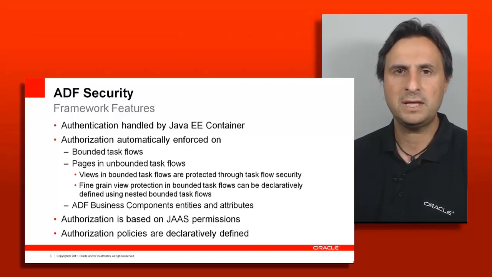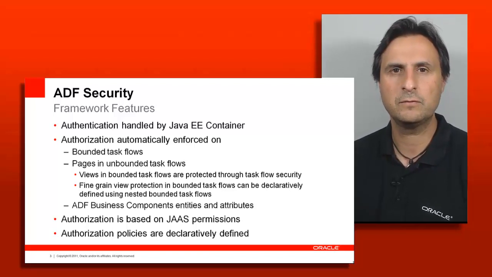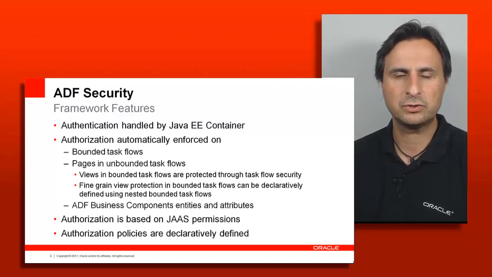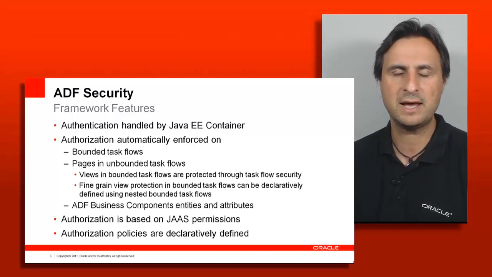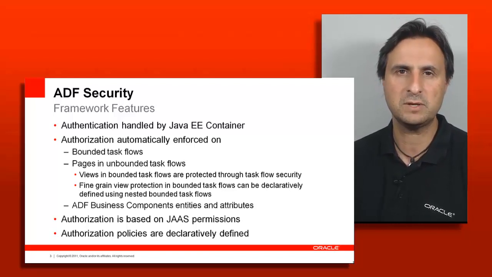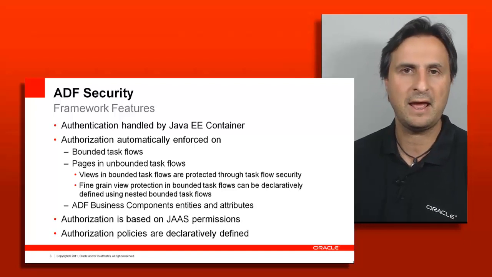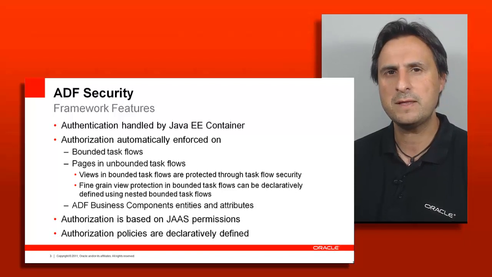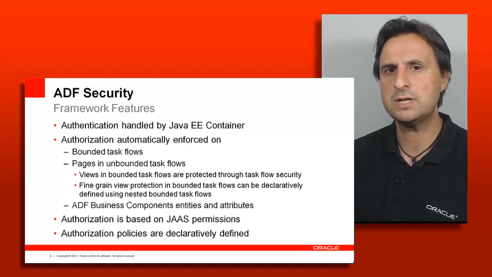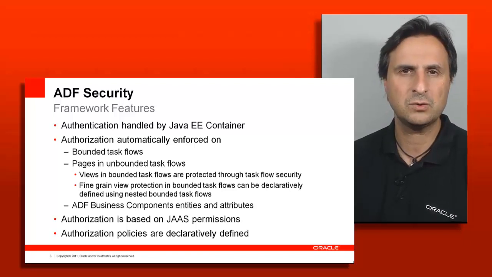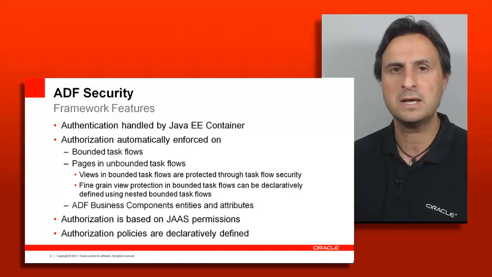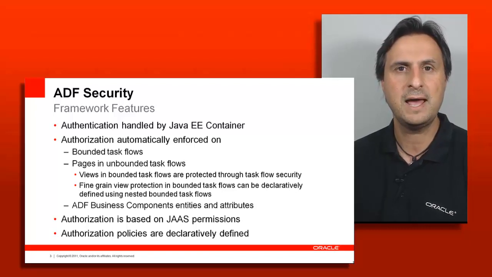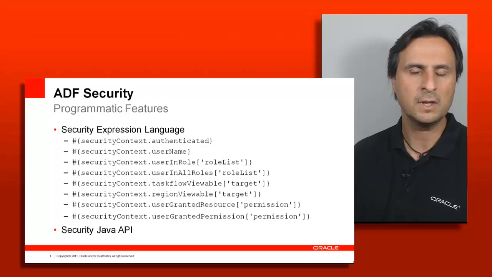And then all of the policies, and if you follow one of the tutorials or read one of the articles, you see that security with ADF security mostly is declarative as far as it goes for the framework security. However, keep in mind that only because you can do stuff declaratively doesn't mean you cannot do it programmatically. And in many ways, programmatic security makes a lot of sense, and we'll cover this as well.